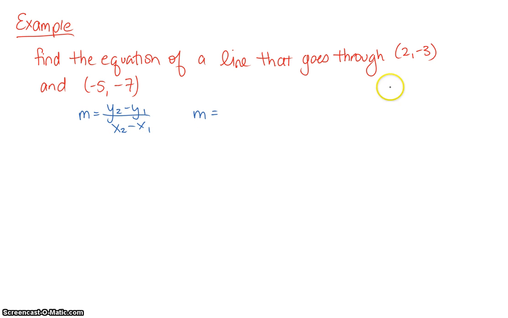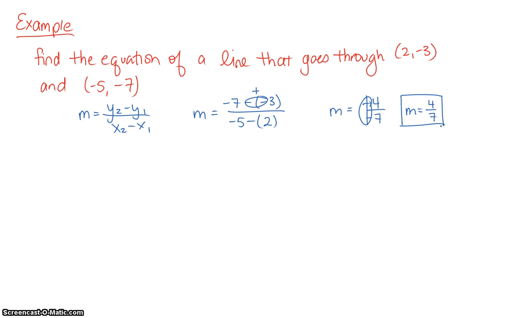Let's say we start with -7, subtract -3, and -5, subtract +2. We know that subtracting a negative is the same as addition, so negative 7 plus 3 will give us negative 4, all over negative 5 minus 2, so negative 7. A negative over a negative makes it a positive, so there's our slope.